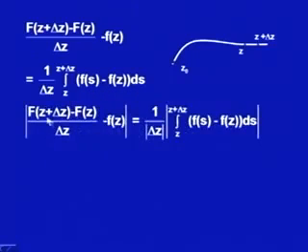Now, we want to make it arbitrarily small, so we take the modulus of this. With the modulus property, we could write 1 upon mod of delta z and then the absolute value of the integral from z to z plus delta z of fs minus fz ds.